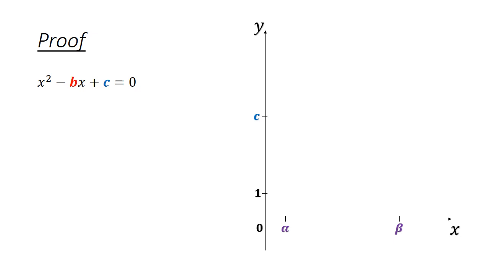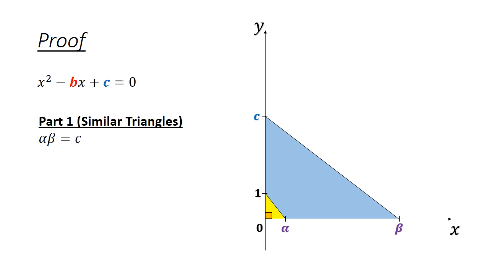So, to begin, we're going to start with a blue right-angled triangle with base beta and height c, followed by a second triangle with base alpha and height 1, shown in yellow. The first step of the proof would be to show that these two triangles are similar, and we're going to use the fact that the product of roots, alpha times beta, is equal to c.